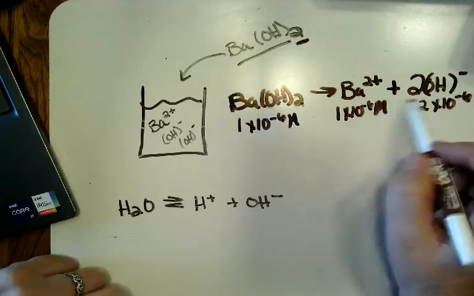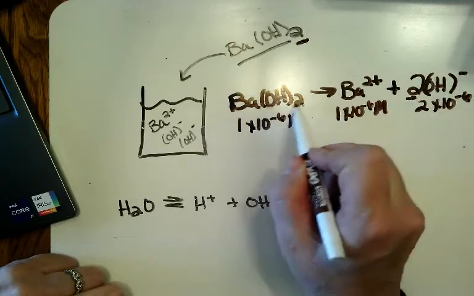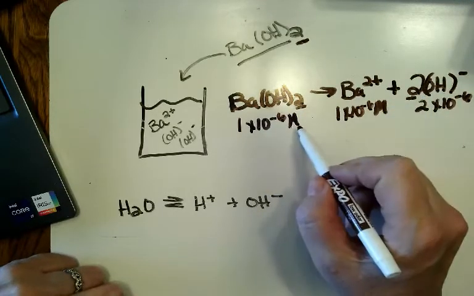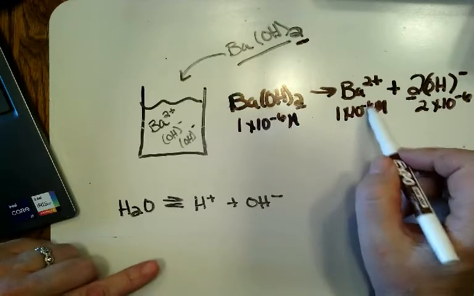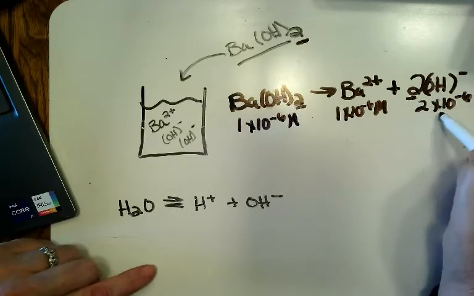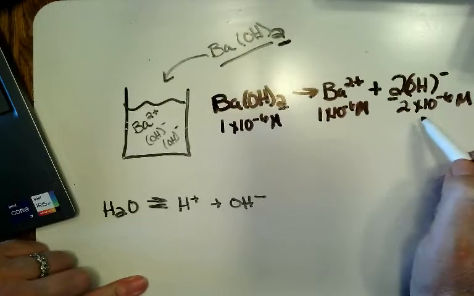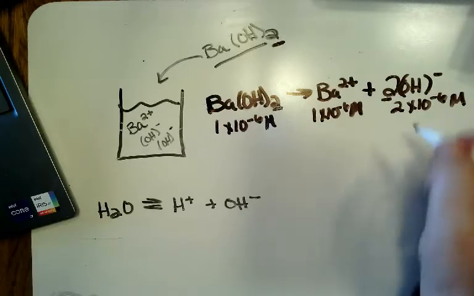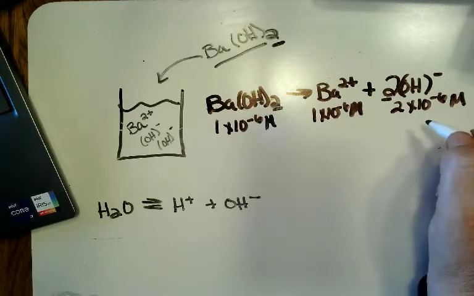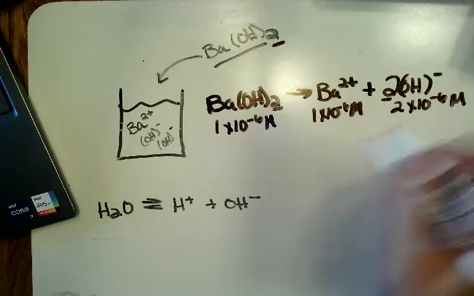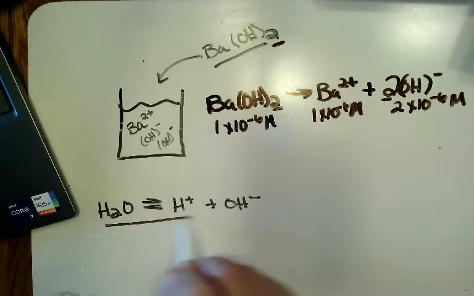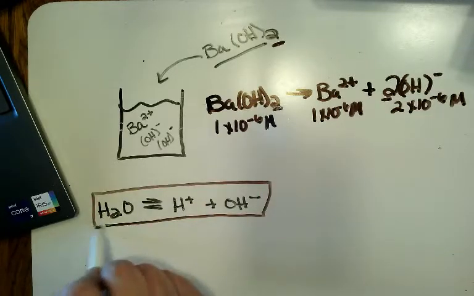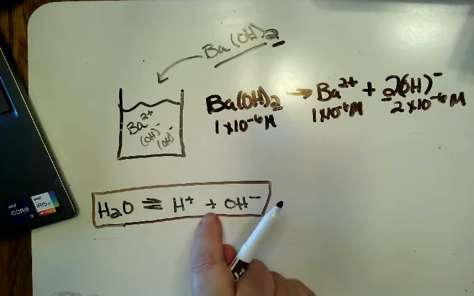So when we break them up, you have to be careful that we have the correct number of ions. If I only have 1 ion per liter versus 2 ions per liter, I have double the concentration, and we measure concentration in molarity. The second part of this worksheet is to make sure that you understand that when you run things in water, it's in equilibrium with the water dissociation.